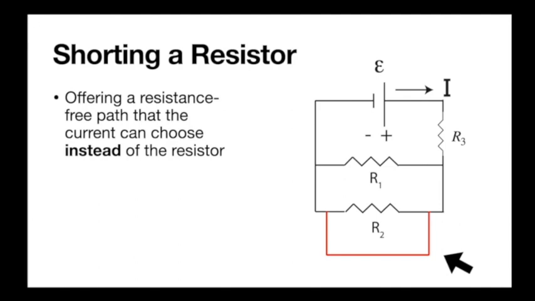But the trick here is that it's actually also in parallel with R1. Why? Well, here's a junction. I guess there's two junctions, but coming out of R3, I could go down all the way through this red wire and back up and never go through R1, or I could go through R1 and never go through this red wire.